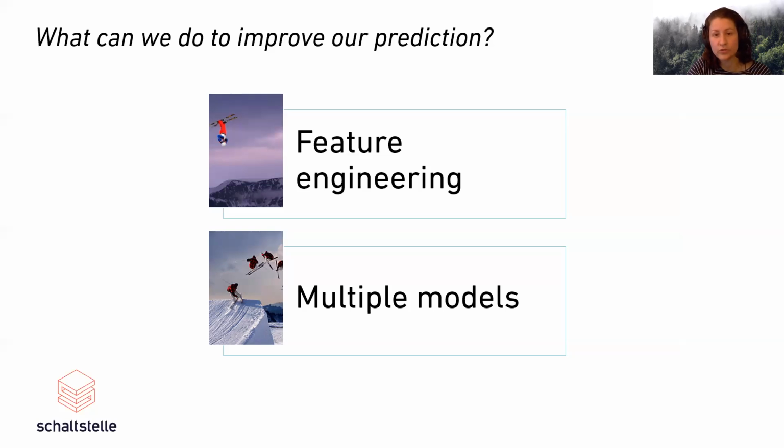The second option was to create multiple models, either one model per weekday or a weekday model and a weekend model to eliminate the variety that we had between the single days of the week. So we decided to go with option number 2 with the multiple models, one per weekday and one for the weekends.